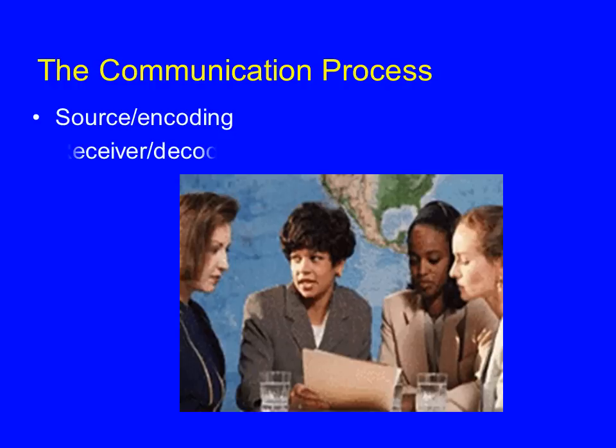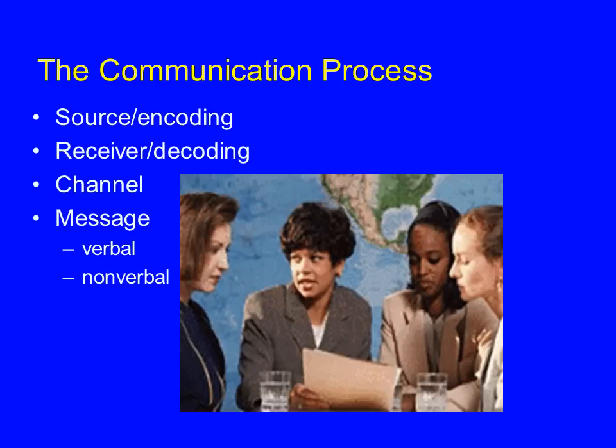The communication process involves a source, a receiver, a channel, message, feedback, and noise, all within a given context. The source is the person who does the encoding or creating of the message. The receiver, as you would expect, receives the message and decodes or breaks down that particular message.